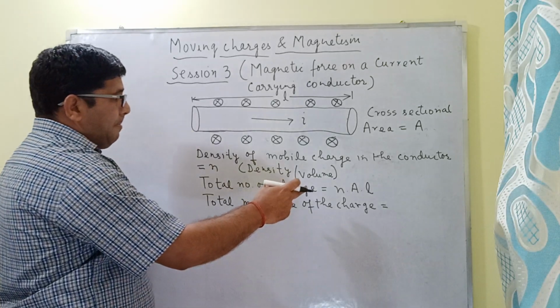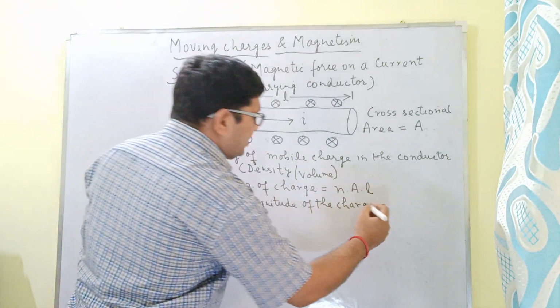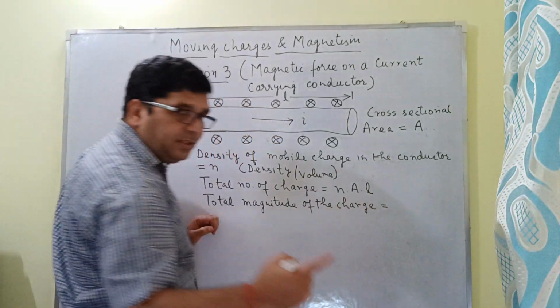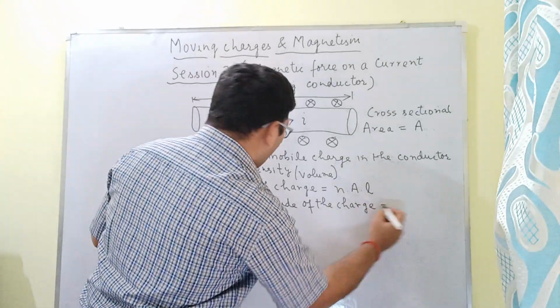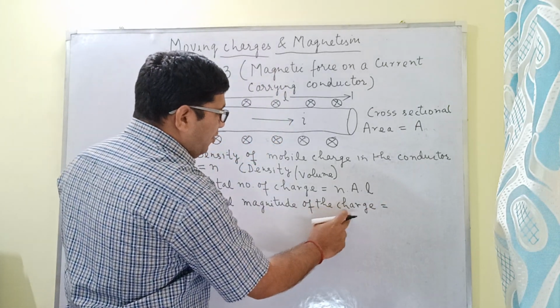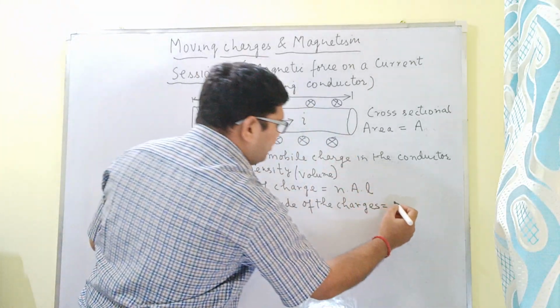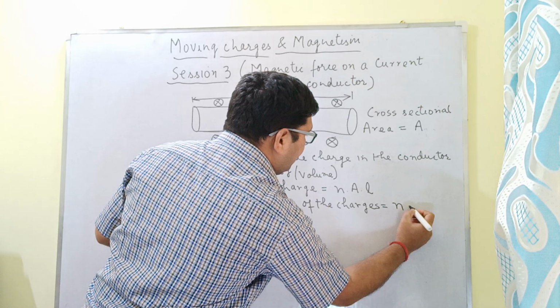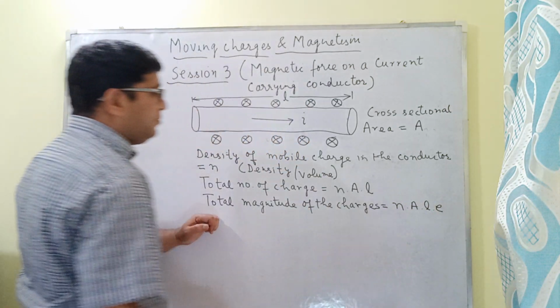So अब एक इलेक्ट्रॉन के ऊपर जो चार्ज है that is equal to e होता है. The magnitude of charge on an electron is given by e. So यहाँ पर लिख देंगे the total magnitude of the charges which is present in this conductor, which will be equal to nAL into e. ठीक है.